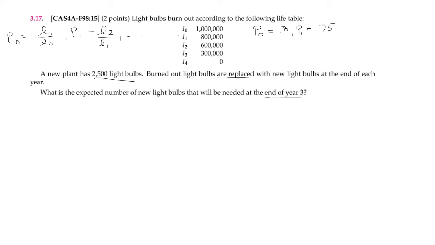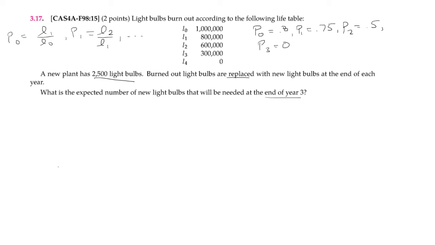I'm just saying, what's the probability of making it to the next time? Now, at time 2, there's 600,000, and there's 300,000 left. That's exactly half. Then time 3 goes from 300,000 to 0, so the probability of surviving is 0.